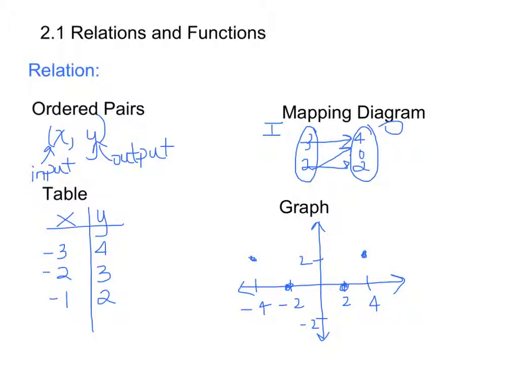Now, of course, in each of these relations, we have what are called the domain and range. And just like we have X and Y, input and output, the domain, those are your X coordinates.